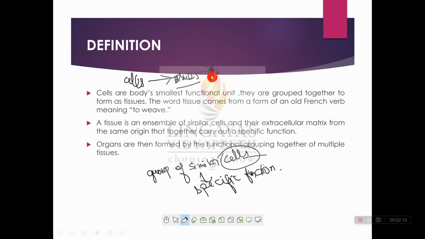Then tissues group and form an organ. Then a group of organs is termed an organ system. Then these organ systems form an organism, or human body. So, this is the level of structural organization in human beings.